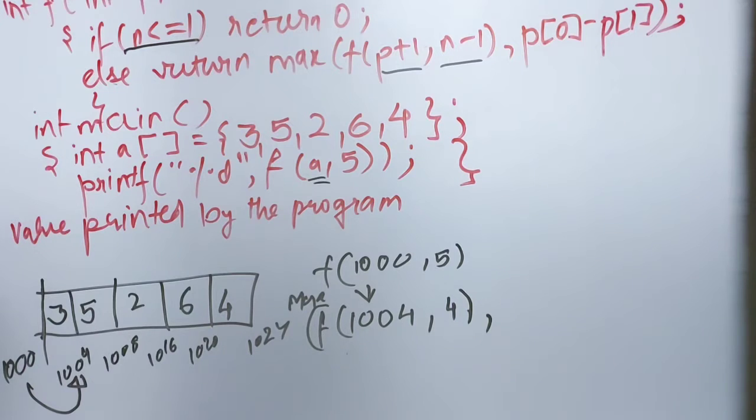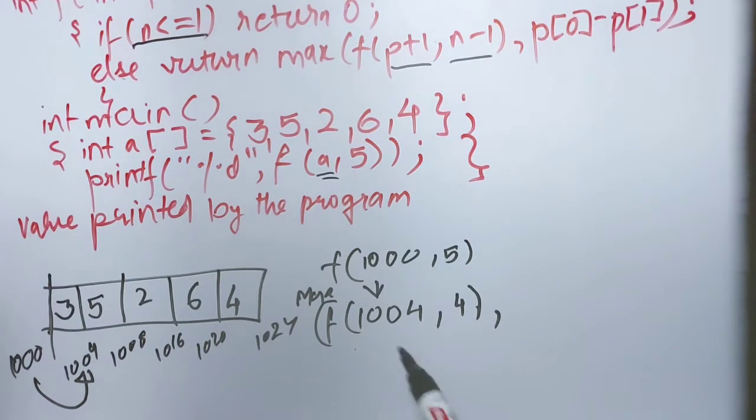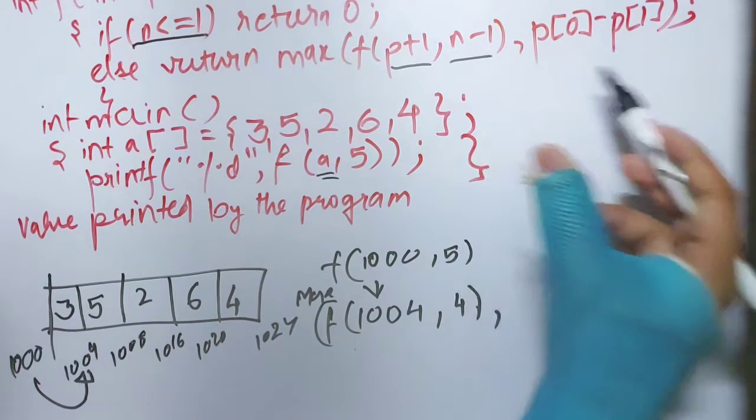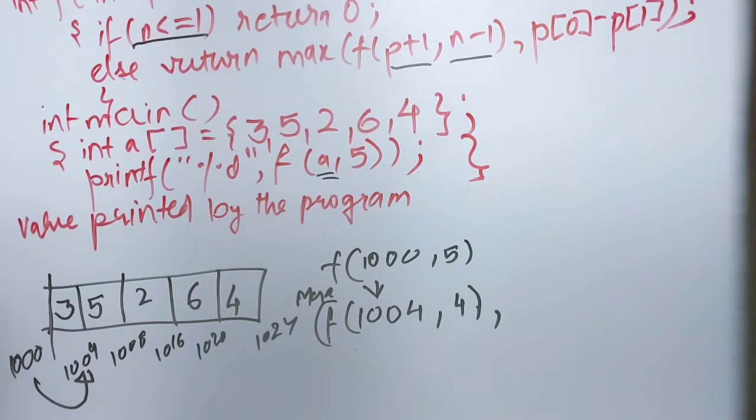Comma p of 0. Here you can see that we have not shifted the array; first we are calculating the value of p of 0 minus p of 1 in the original array. So p of 0 is 3 and p of 1 is 5.